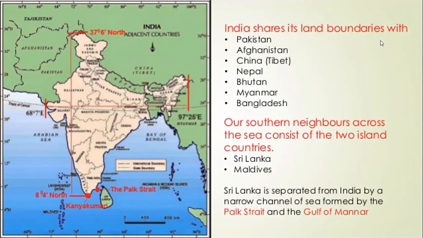India has strong geographical and historical links with her neighbors. If you look at the physical map of India, you will note how India stands apart from the rest of Asia.